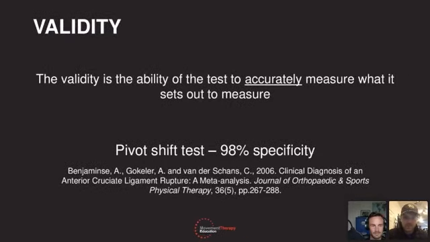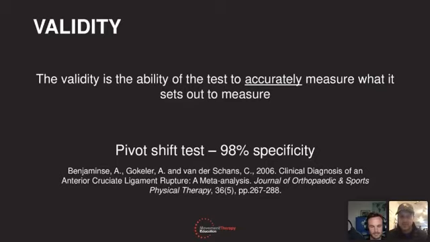So then we look at validity. Validity is the ability of the test to accurately measure what it sets out to measure. This is why Dan went first, introducing you to specificity. Specificity rules things in. This is an example of the pivot shift test, from a meta-analysis of knee exams for anterior cruciate ligament rupture.